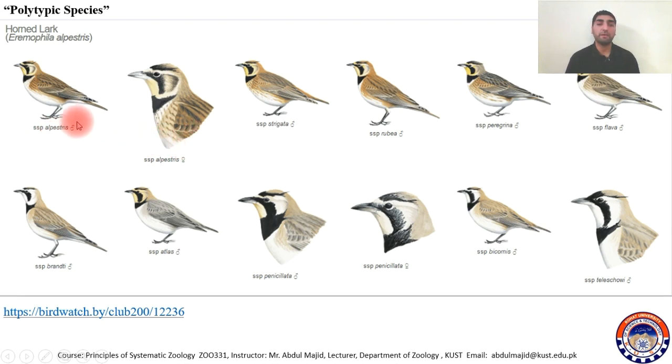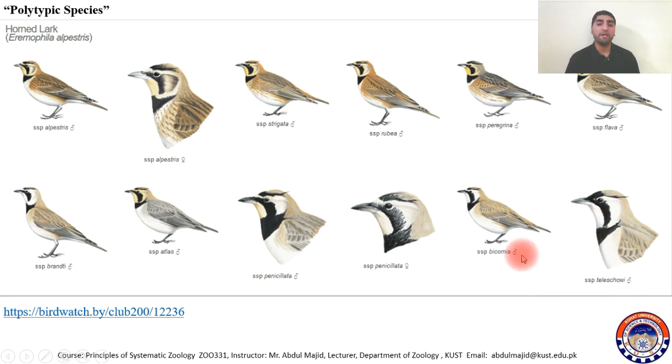So this is alpestris male, and this is alpestris female, and this is the striata subspecies. This is the rubea subspecies. This is the peregrina subspecies, the flava subspecies. Okay, these are the male members, and the brandti, the atlas, the pensillata male and the pensillata female. Then this bicornis and the teleski.